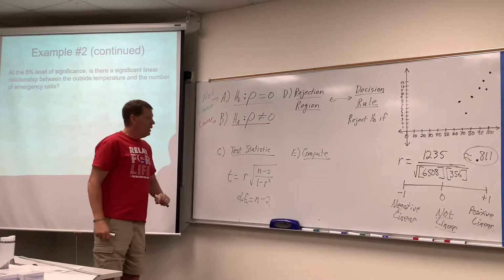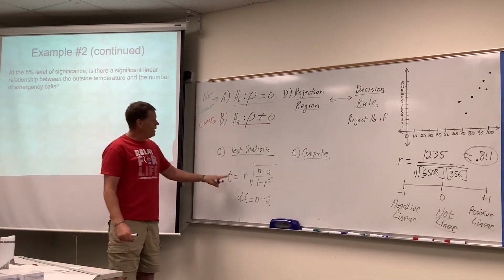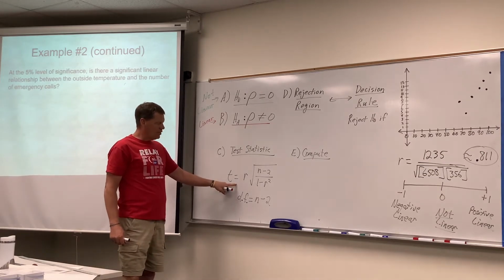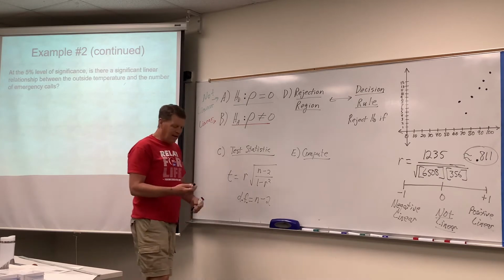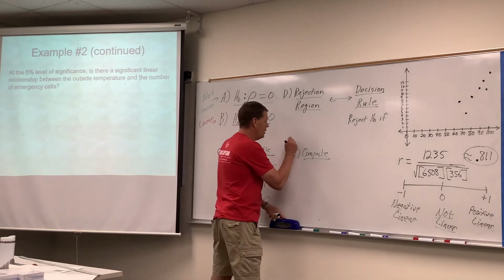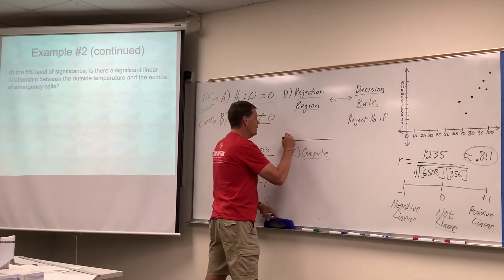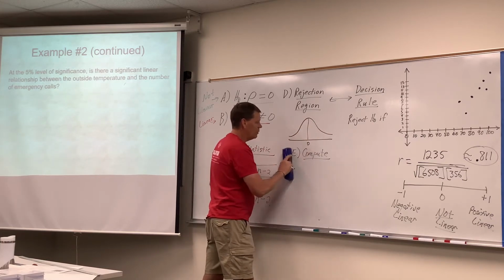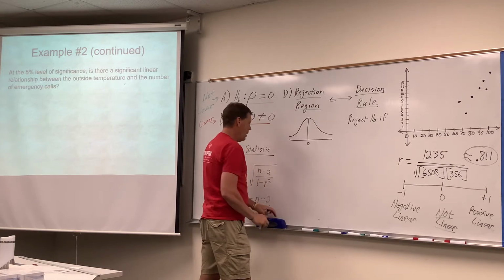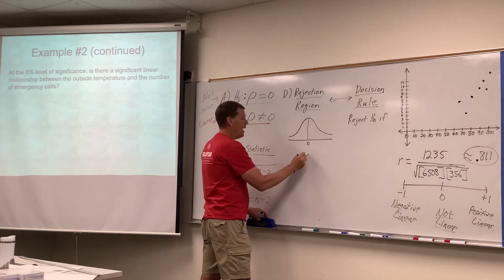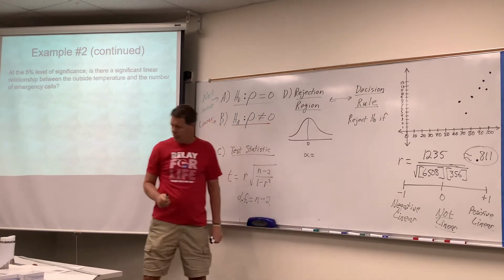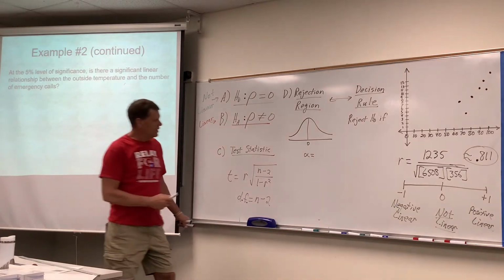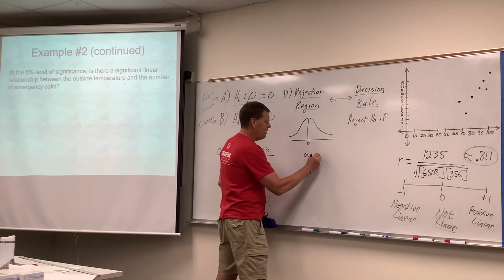There you go. All right, we've already identified our test statistic. That's always going to be the same, t, and that'll impact our rejection region here. So we'll draw our t-curve here. I'm going to move compute down a little bit there. Alrighty, so alpha is 5%, and so we'll take that 5%.